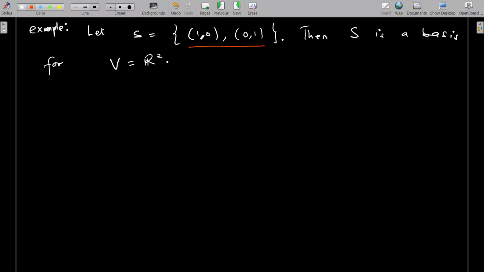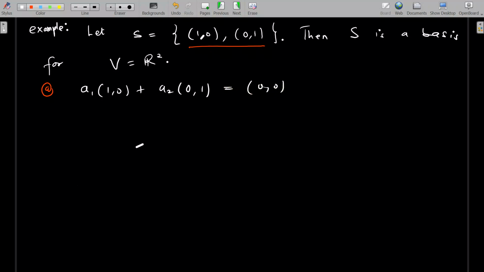I'll know that by showing, first, that this is linearly independent. If you've been following our lessons, realize that this is indeed linearly independent. I'm just going to show it again, but at a very fast pace. A1 times (1, 0) plus A2 times (0, 1) should give you the zero vector, which is (0, 0) in terms of R2 here.